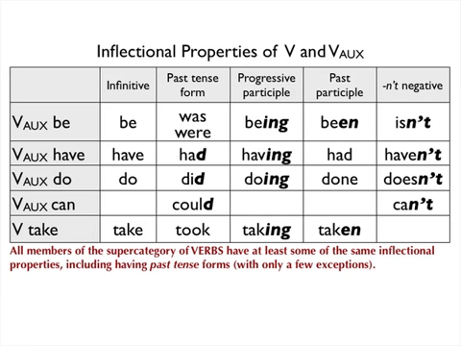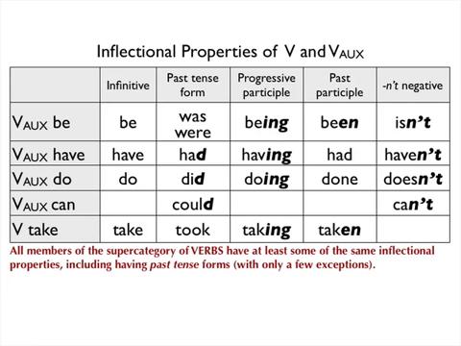But so we know what the forms are by looking at verbs that display the full range of differences. Be is the only one that displays a difference for each of these different forms, because the infinitive form for be is different than any of the other forms, right?